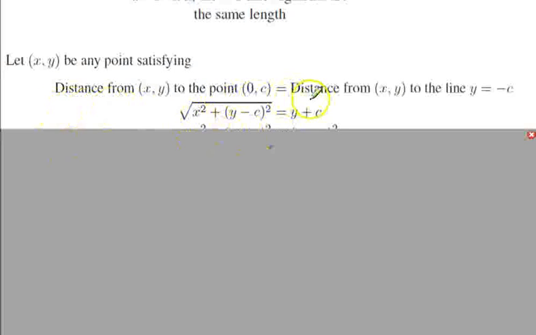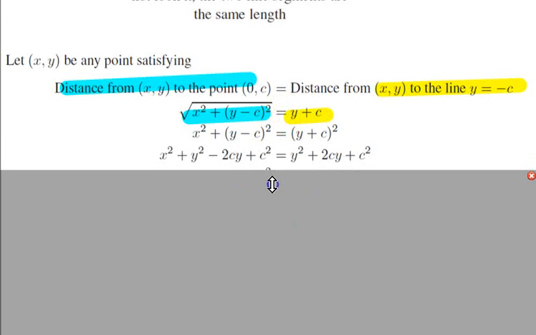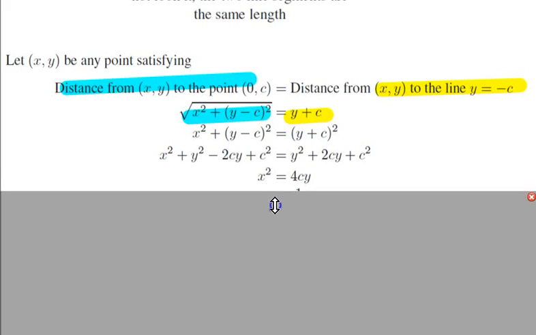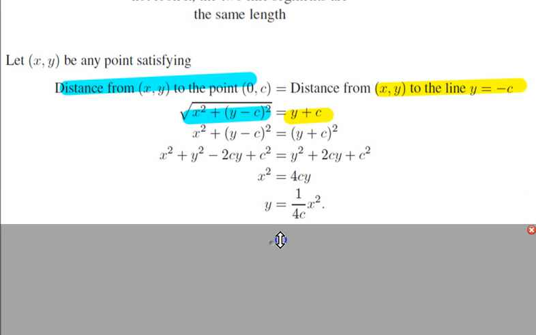And so if the distances are the same, then the distance from (x, y) to the focal point can be related using this expression, and the distance from (x, y) to the line, the vertical distance, can be related using this expression. Okay, and so we end up with this is equal to this. So doing some algebraic manipulation, as you can see right here, we end up with x squared being equal to 4cy. And getting y by itself, we get y is equal to 1 over 4c times x squared.